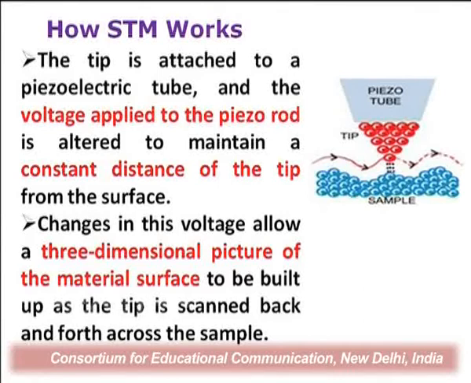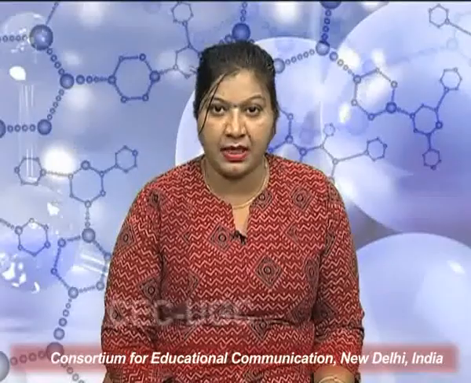Changes in this voltage allow a three-dimensional picture of the material surface to be built up as the tip is scanned back and forth across the sample. As the tip moves on the surface, it generates current, and this current produces the three-dimensional picture of the material, and the tip distance is adjusted by the voltage applied between the tip and the sample.